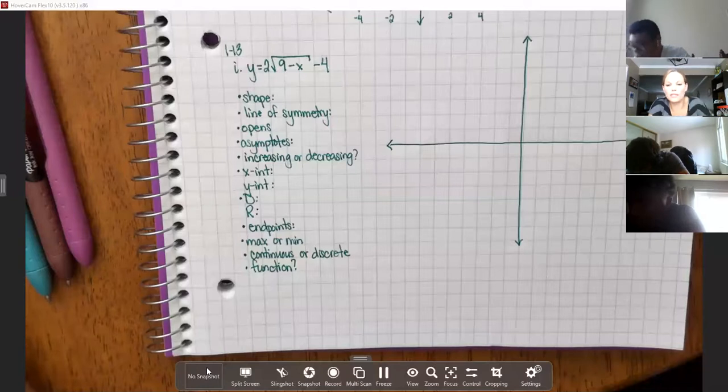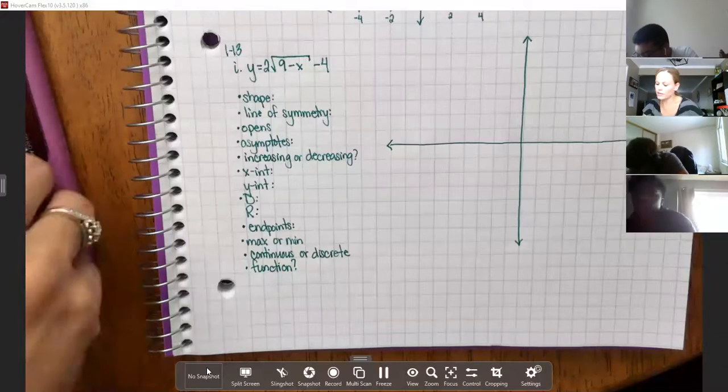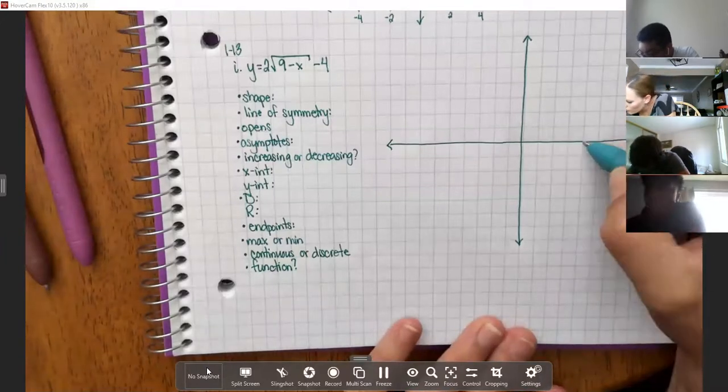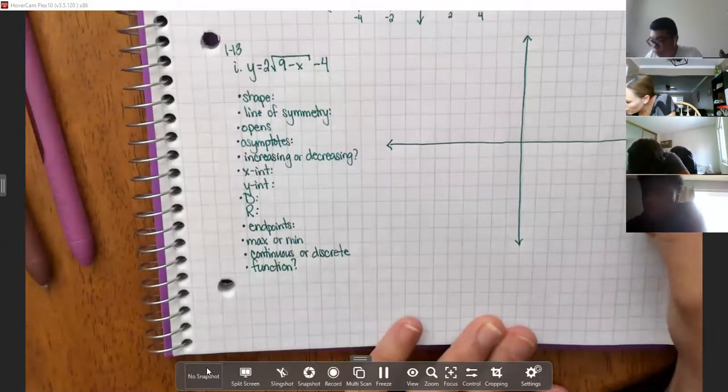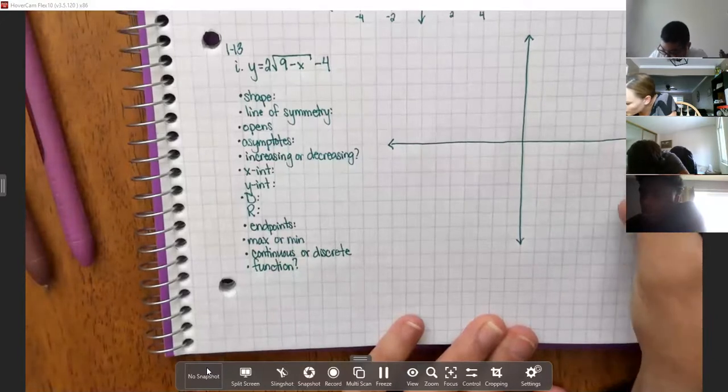So on Desmos, it's nice because you can click on these points. I'm not sure why it's not staying, but at 9, -4, so that's where we need our graph to go to at least. 3, 4, 5, 6, 7, 8, 9, 10. I should have made mine longer. There's 10.